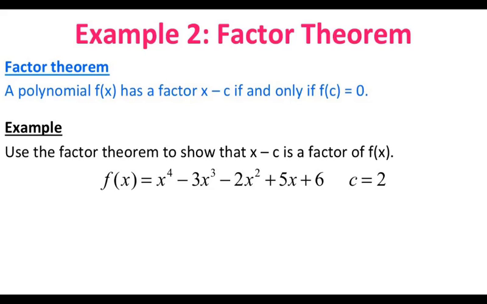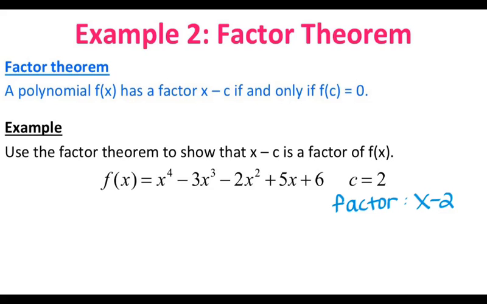So this example says to use the factor theorem to show that x minus c is a factor of f of x. So with this one, I flat out say that c is 2, but sometimes instead of saying that c is 2, I might just list the factor there. So if c is 2, then that means the factor is x minus 2. So you might see it both ways, with c equals 2, or I might just say the factor being x minus 2.